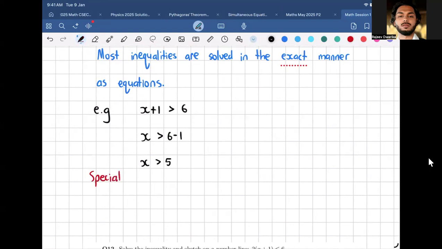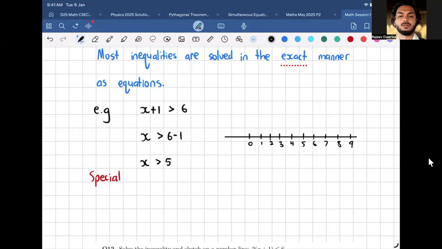Oh, and if I wanted to draw this as a number line, let me do that one time. This would be 0, 1, 2, 3, 4, 5. So I would start off at what number, guys? If I have x is more than 5, what number am I going to start from?